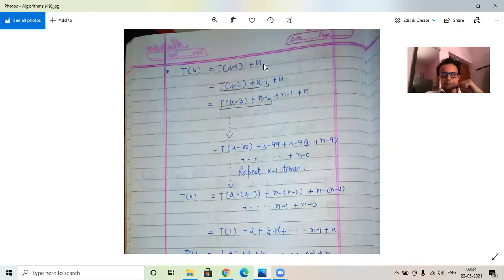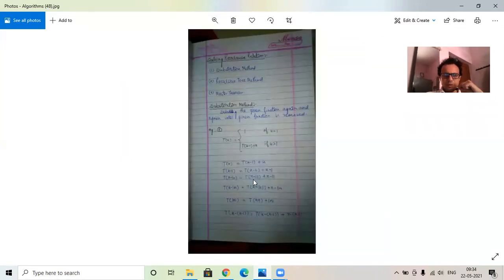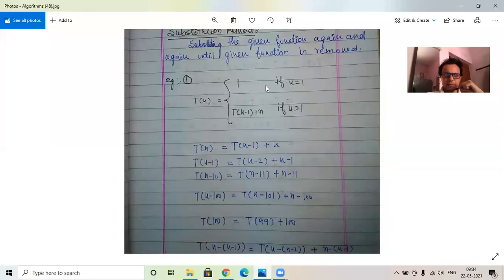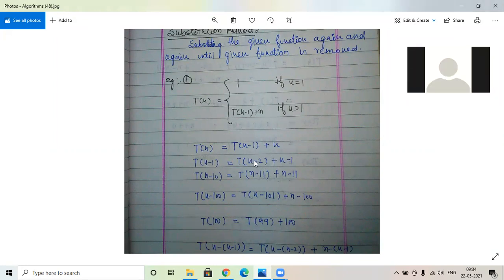Okay. Now I have to substitute. How will we substitute it? If T(n) is equal to T(n-1) plus n, what will be the value of T(n-1)? T(n-1-1) plus n-1, that is T(n-2) plus n-1.